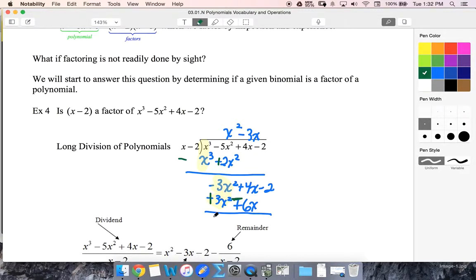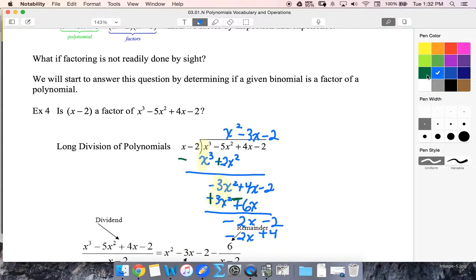So again, we have canceling, which should happen. 4x minus 6x is negative 2x, minus 2. Now I'm going to line up. I want a term here to multiply times x to get negative 2x. That's going to be negative 2. Negative 2 times x is negative 2x. Negative 2 times negative 2 is positive 4.